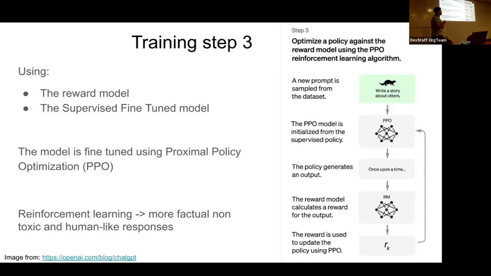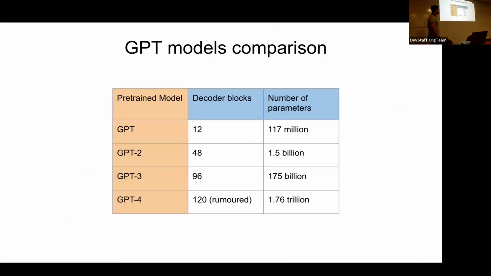Then the reward model from the second step is used, and for this output, a scalar value, a reward, is predicted that tells us how good this response was. And with this, we update our model here, and this reinforcement learning procedure actually repeats a lot of times, and as a result, ChatGPT can produce more functional, non-toxic, and more human-like responses.